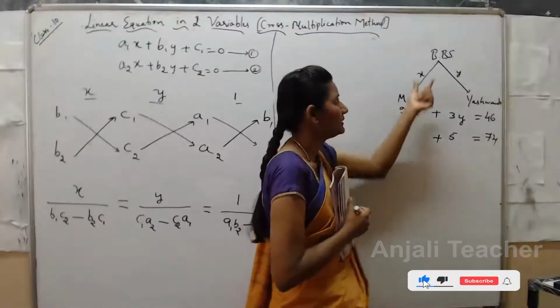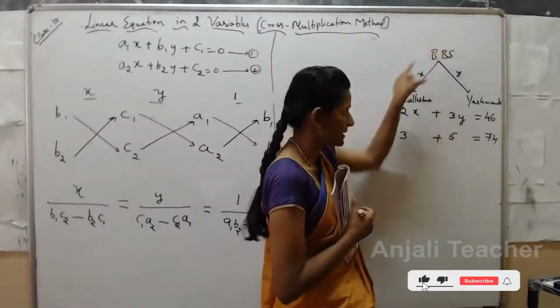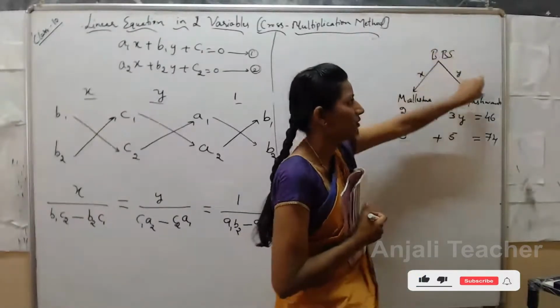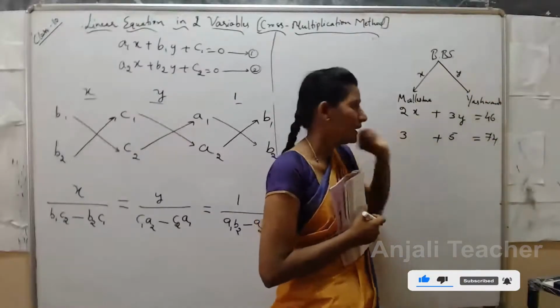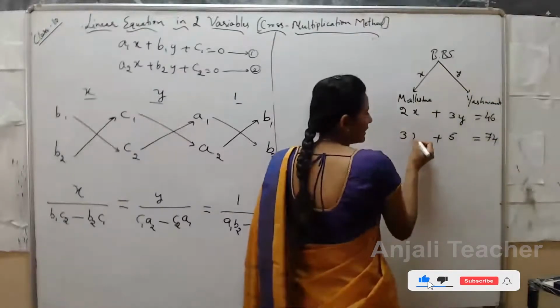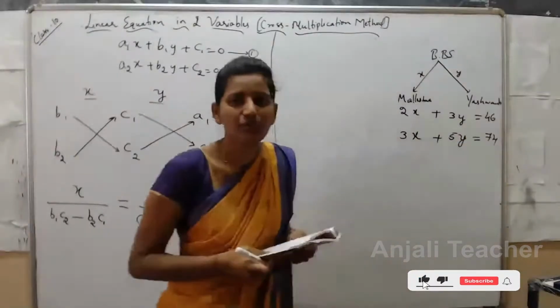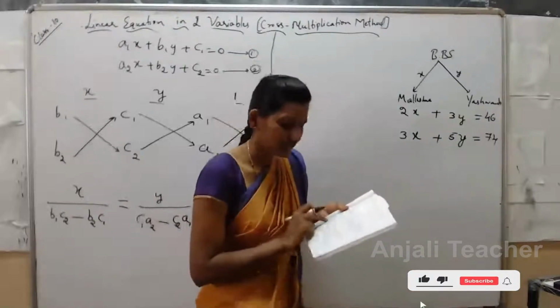Here X means how many rupees from Bangalore bus stand to Malleshwaram, Y means Bangalore bus stand to Yeshwantpur. How much one ticket costs? Therefore, this can also be written as 3x plus 5y is equal to 74. Now you understood how to write the equation by using the given statement.